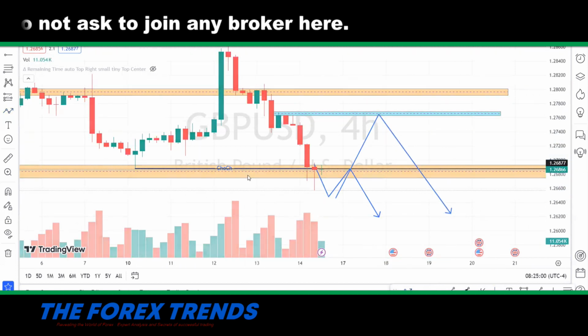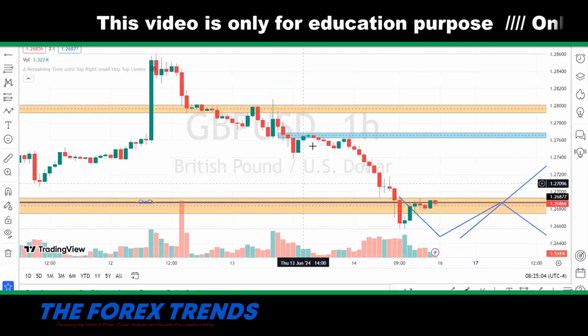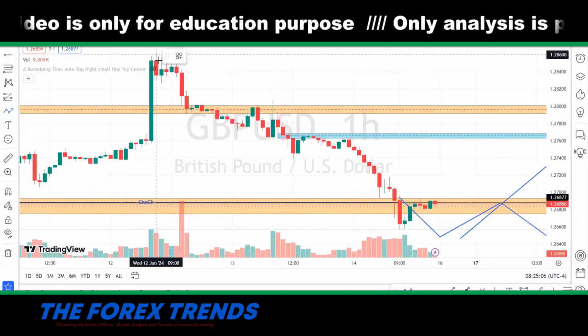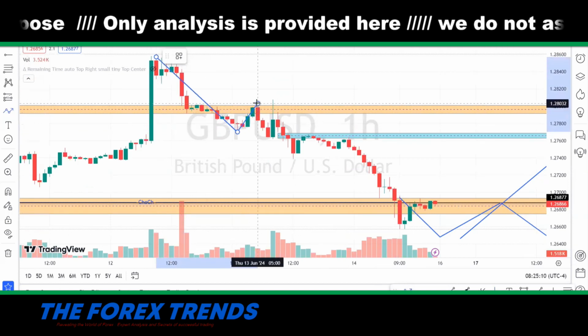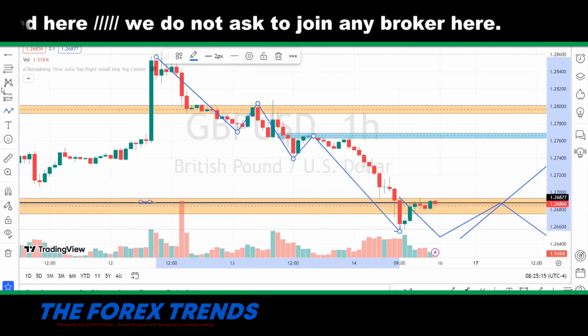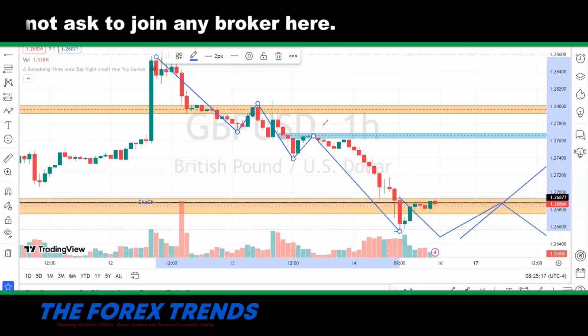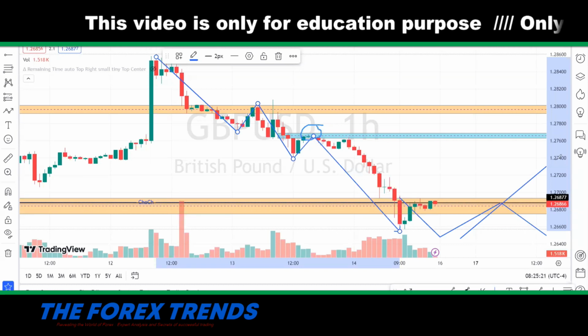If we check the 1-hour frame, you can see it is the structural point. If I mark the structure in the 1-hour frame: lower low, lower high, lower low, lower high, lower low. In the 1-hour frame, it is a lower high point and there is a supply in the 4-hour frame.